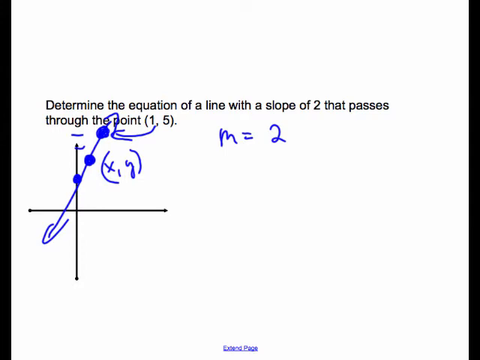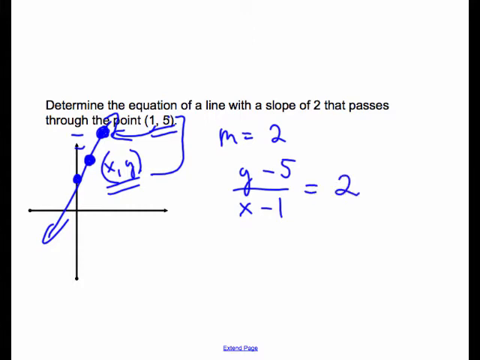So if we take any two points, a general point and a specific point, I'm going to do the slope formula between this general point and this specific point. So if we do the slope formula, y minus 5 over x minus 1, so the slope between any point and this specific point, we know it's going to be 2.